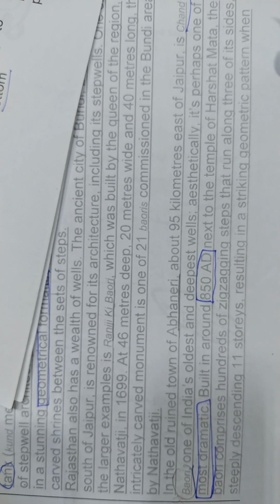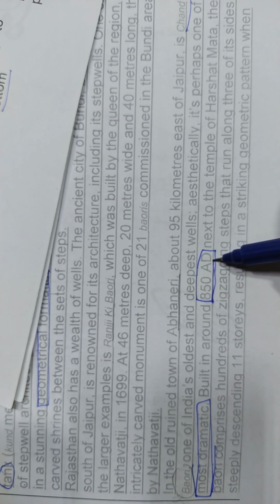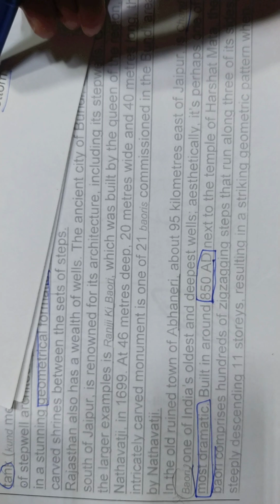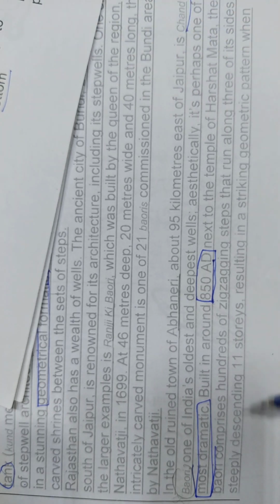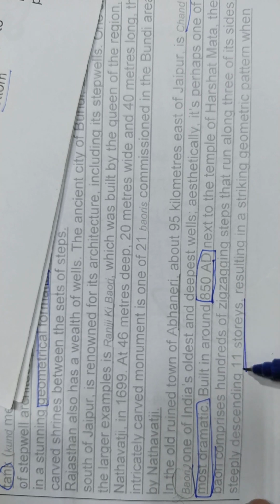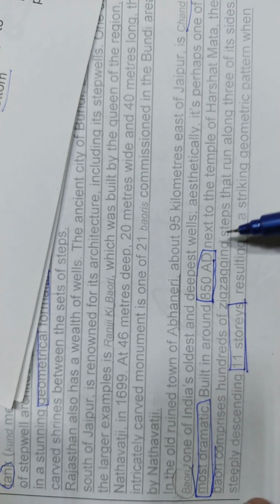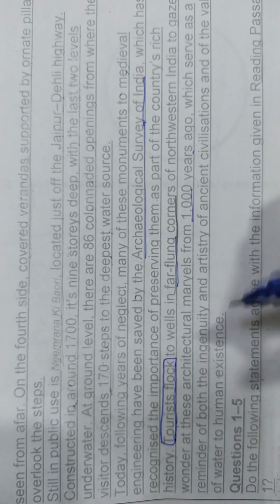So we have the word 1850 AD, but we are supposed to find the words 11 stories as well. Yes, 11 stories is there as well. So built in around 1850 AD, next to the dash and dash along three sides of the steeply descending 11 stories, resulting in a striking geometrical pattern when seen from afar.